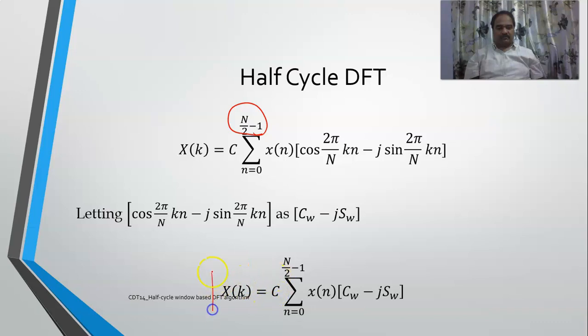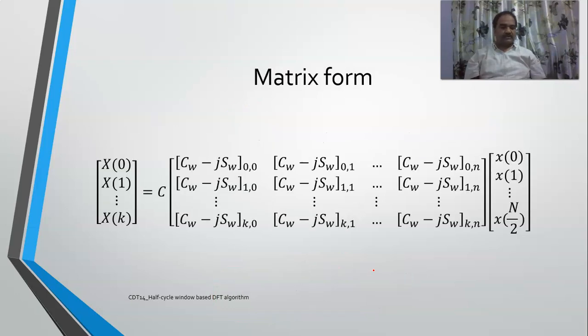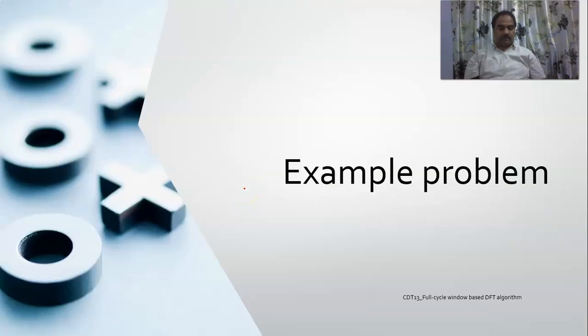First of all, we will calculate CW and next SW, and then we multiply them with the data and summate those things. So the procedure is very similar. The only difference is the total number of samples considered is only N by 2, but not N. So this is N by 2 minus 1, but not N minus 1.